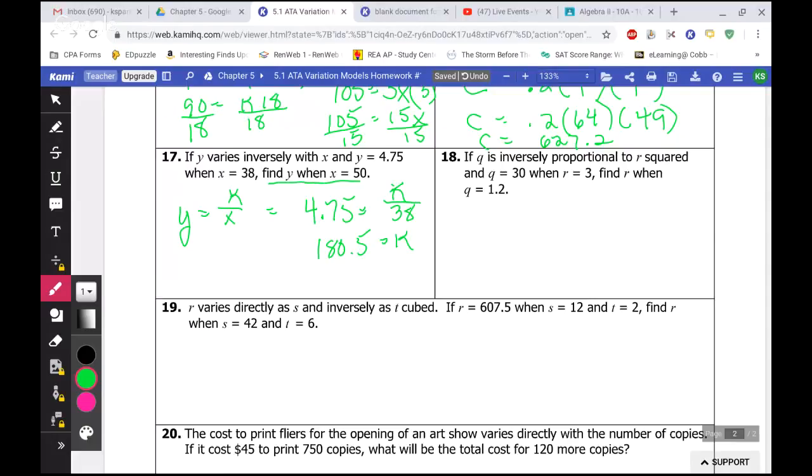We're supposed to find Y when X is 50. So Y equals 180.5 divided by 50. So I get 3.61. That's what I got.